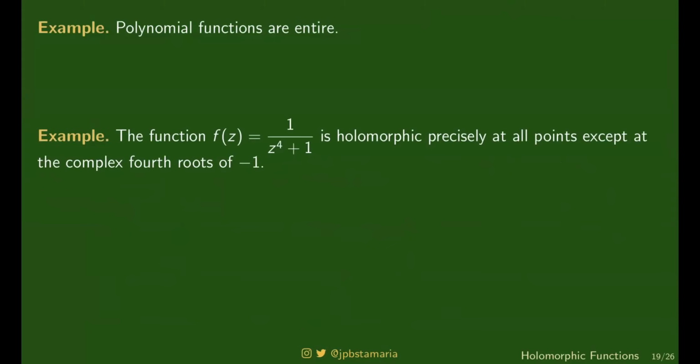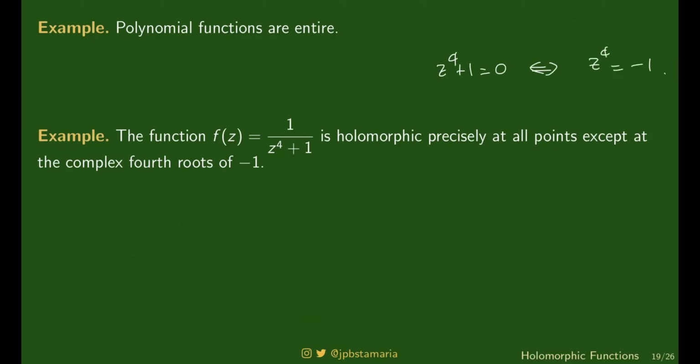Halimbawa, this function 1 over z to the 4 plus 1, kailan ba yan hindi differentiable? Hindi lang naman yan differentiable basta kapag 0 yung denominator eh. And tanong, kailan yan nangyayari? At the points equal to any of the complex fourth roots of -1. Kasi pag ito ay 0, it's like saying that z to the fourth is -1.